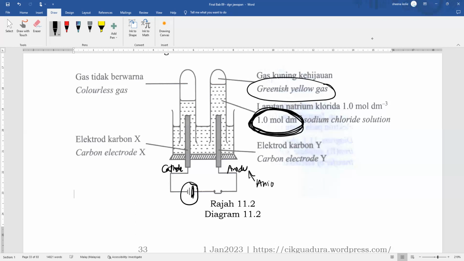Okay, if the anions are going to the anode, who are my anions here? Chloride ion. Very good. Chloride and? Hydroxide ion. Okay, hydroxide ion. Okay, I heard somebody answering me also.